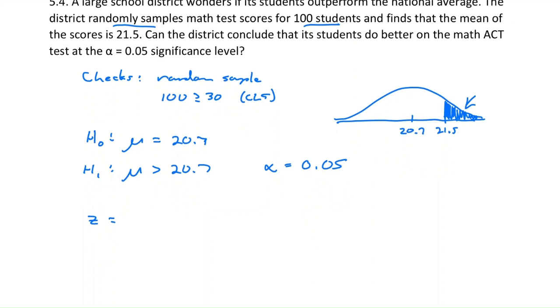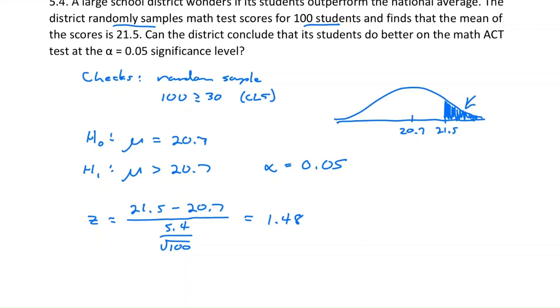So Z, remember, is the sample value, 21.5, minus the mean of the population, the parameter, 20.7, divided by the standard error, which is the standard deviation of the population divided by the square root of 100. And if we were to put that into a calculator, we would get 1.48. Let me rewrite that, it's a little sloppy, 1.48.